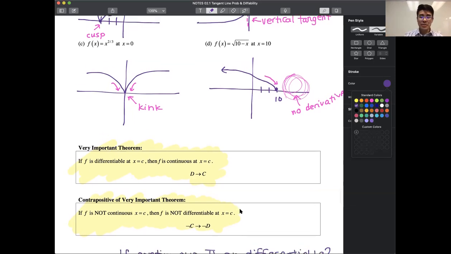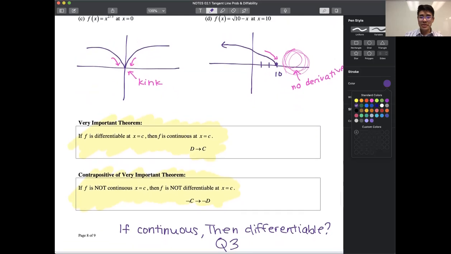Okay, and so this is where people mess up then. The question is, if something is continuous, then does that make it differentiable? Launch a poll to see who's still awake here. If something is continuous, must it be differentiable?